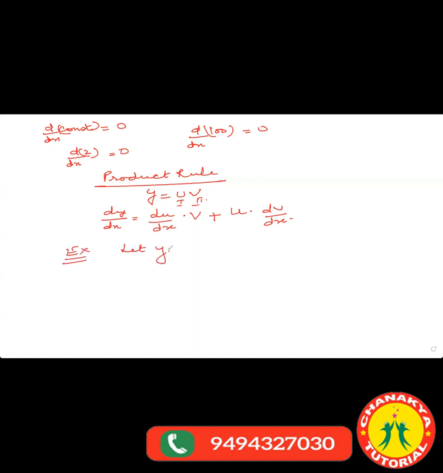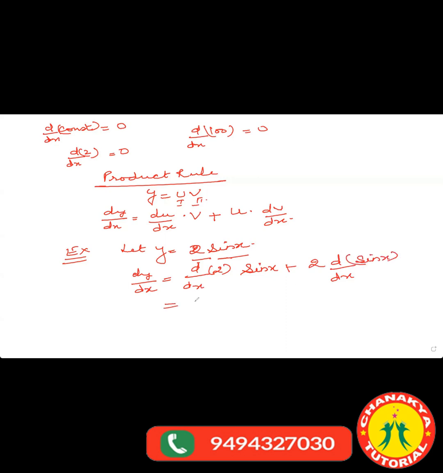Let y is equal to 2 sine x. So here we are having two functions, beta. One is 2 and the other one is sine x. Right? So we have to find the differentiation. Firstly, you will find the derivative of 2, sine x you will write as it is, plus now 2 as it is, and differentiation of sine x.